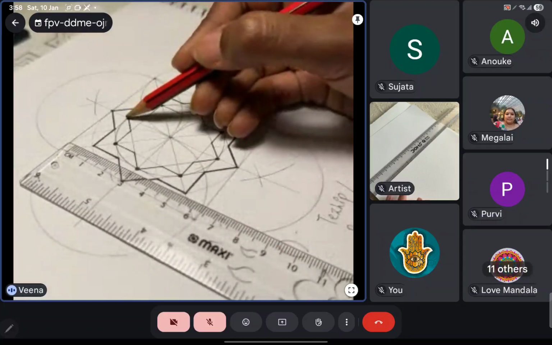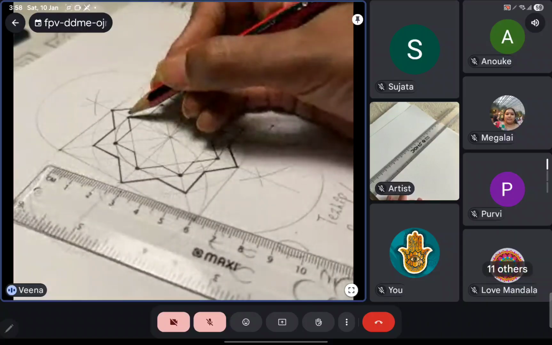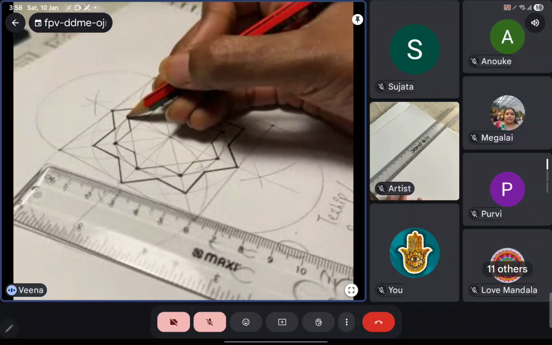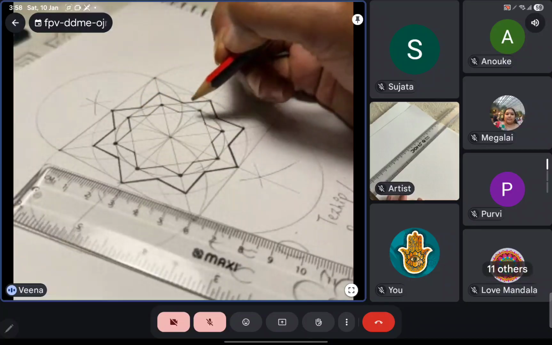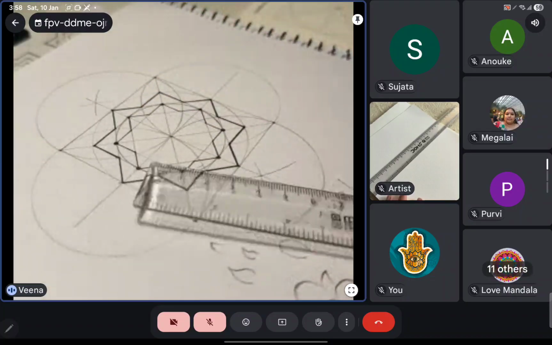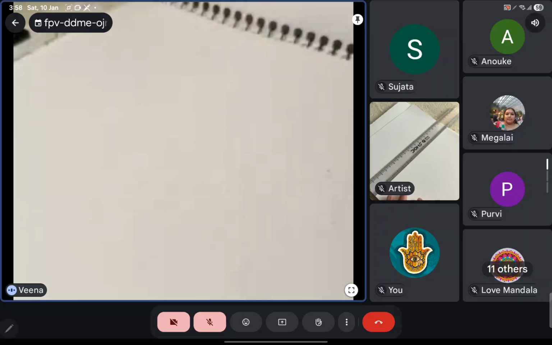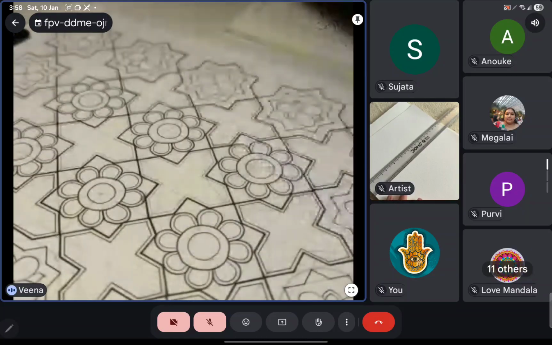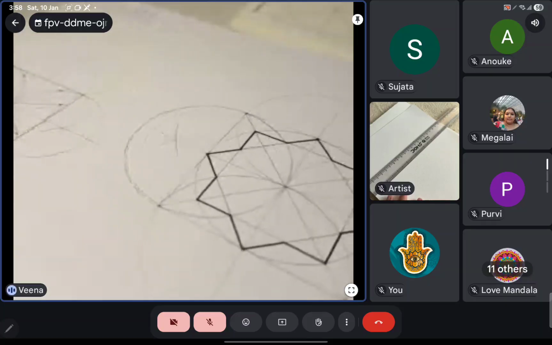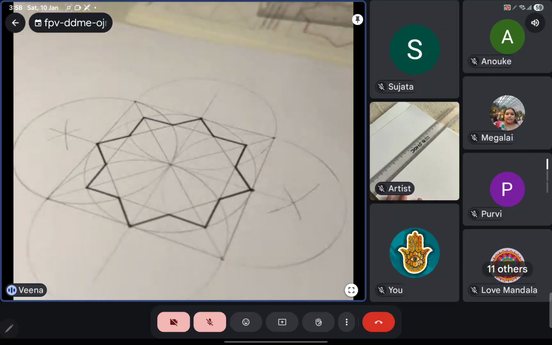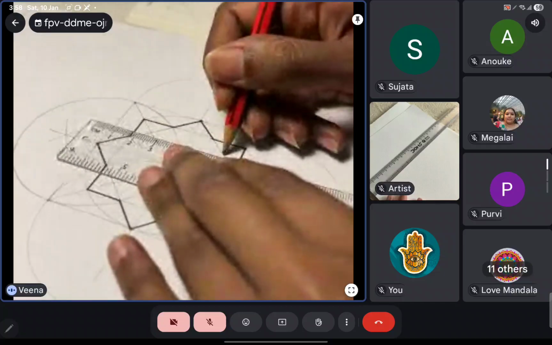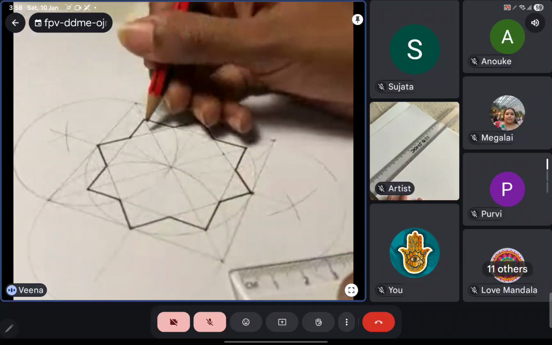Yes, without drawing the circle you're able to see the points and just do it as it is. But I can show you why it won't work. Just a moment. You'll still get the same design, but I'll show you why.